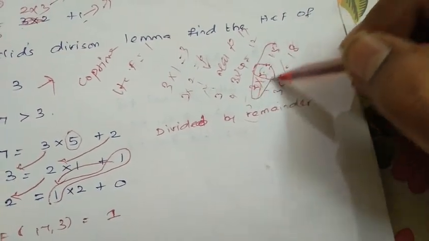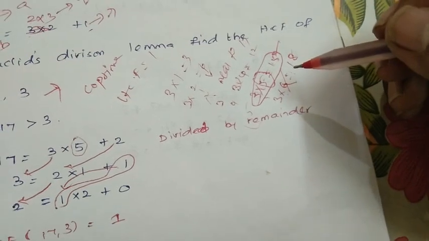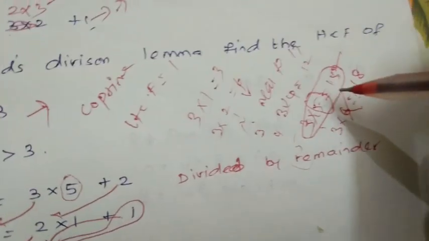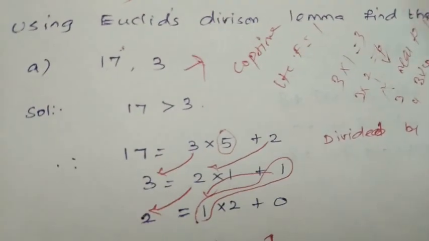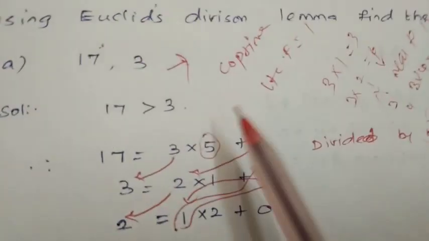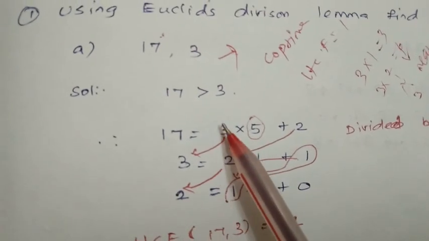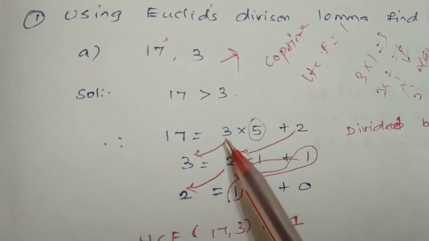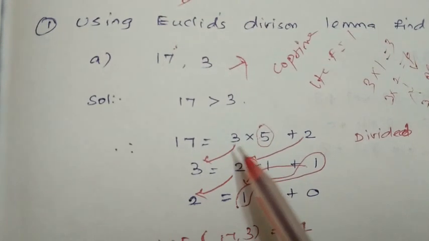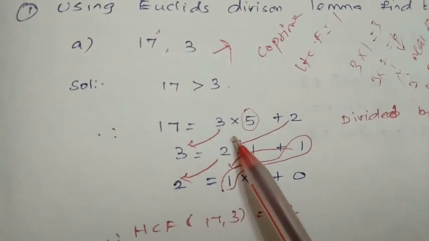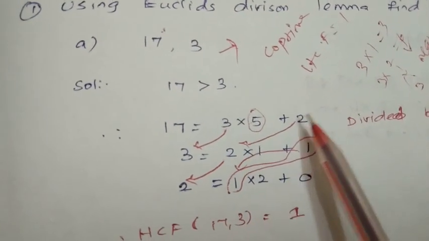We need to choose the nearest value, 15, no? So we choose 15. So write 3 into 5. Which number should be first? That order is important. The 3 should be the divisor. Don't change the order to 5 into 3. So 3 into 5, remainder plus 2.